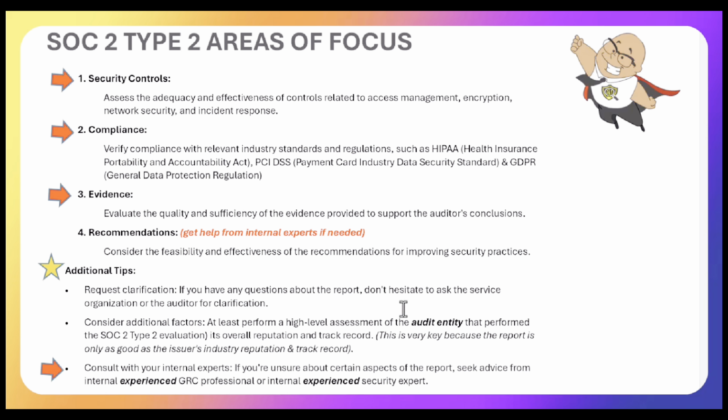You also want to make sure that it complies with any type of regulations, like HIPAA, PCI, or GDPR, anything that you have to comply with. You want to make sure that the report complies with those regulations. And this goes for a report that you're actually doing, or if you are looking at a report from a vendor.